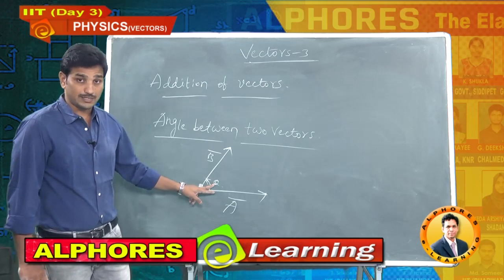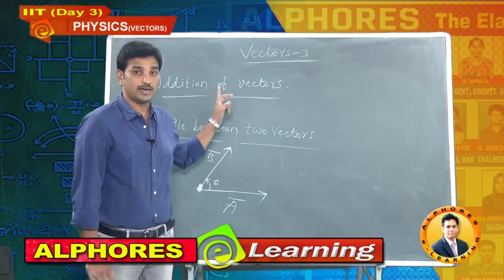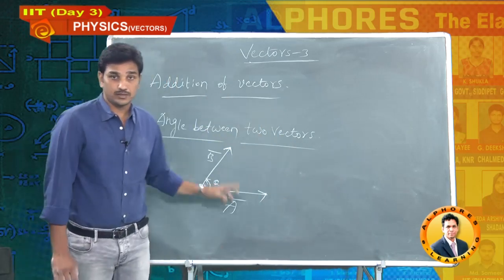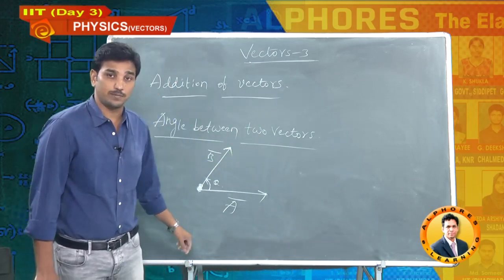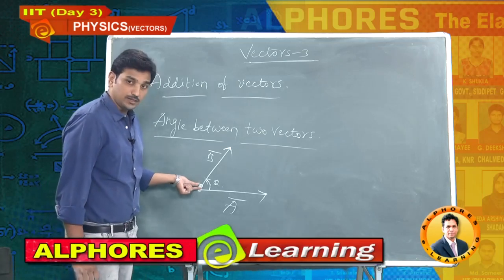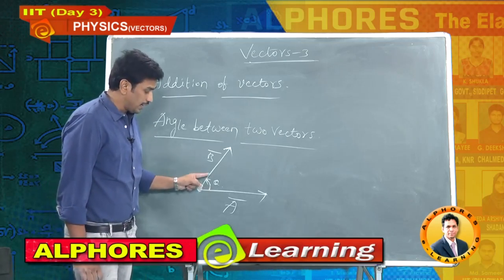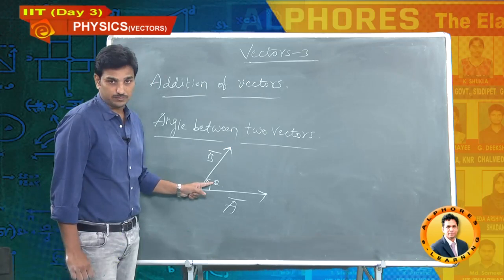You should remember once again, for addition, head should join with the tail. For the angle between two vectors, the two tails of the two vectors should be joined, or brought to one point. Now, these two have an angle difference of theta.